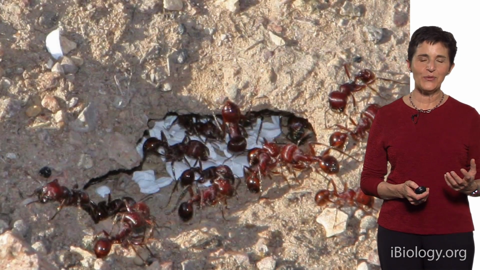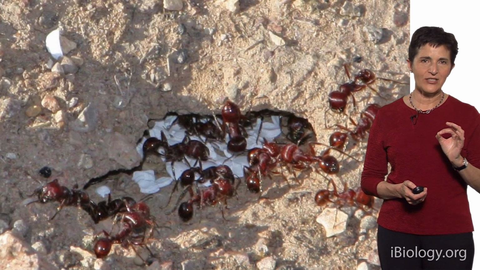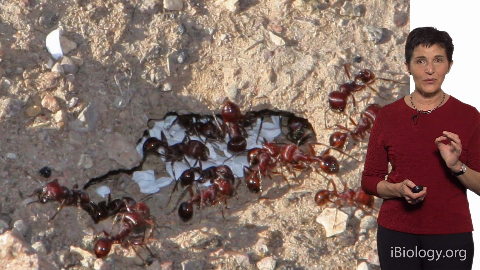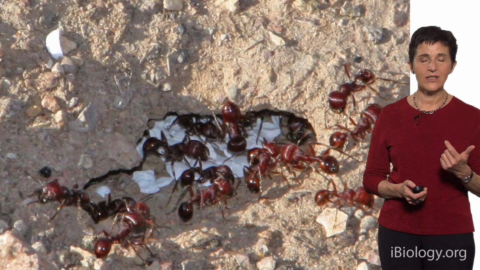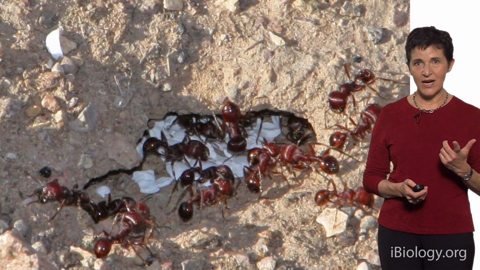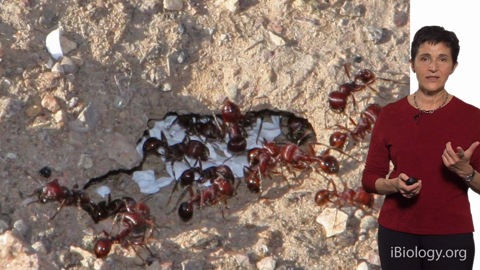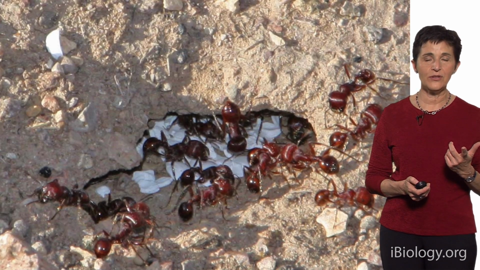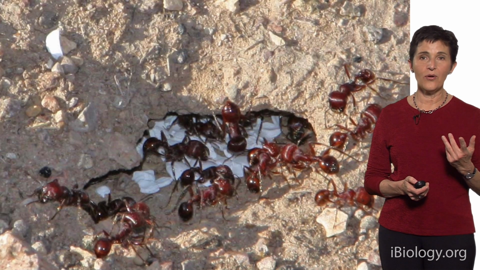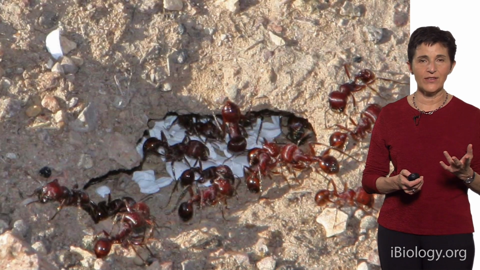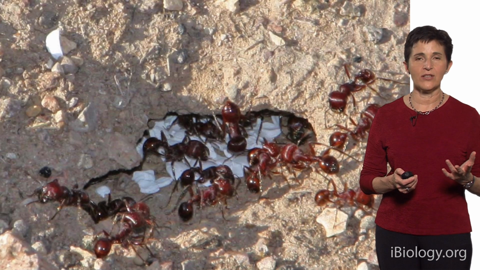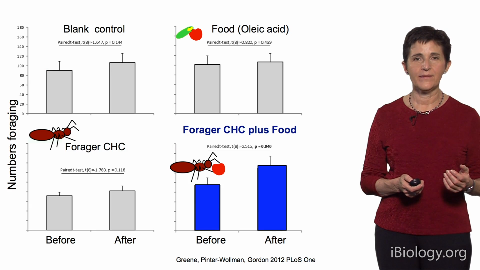And the little things were small silica chips coated either with the cuticular hydrocarbons of foragers, oleic acid, which is a common component in seeds, so this corresponds to food, or both, or a blank control that really just had the solvent that we use to extract the cuticular hydrocarbons.